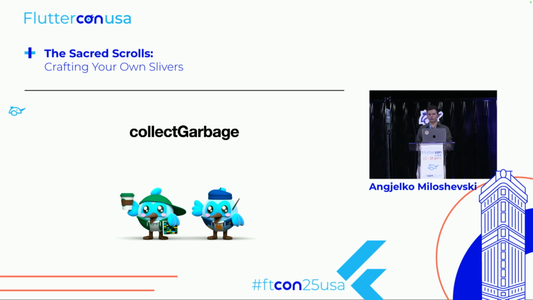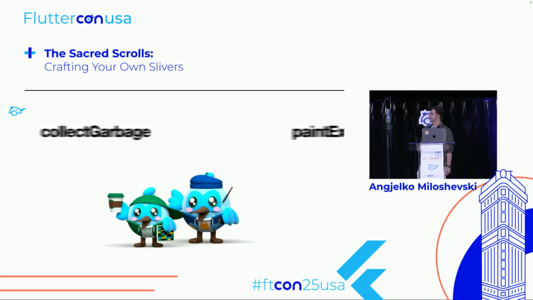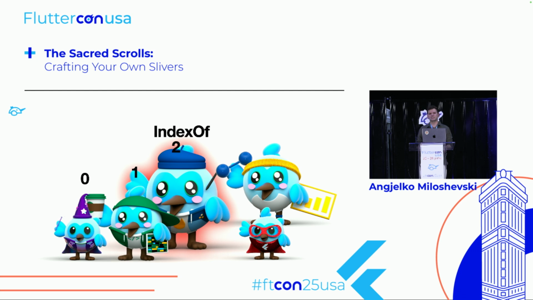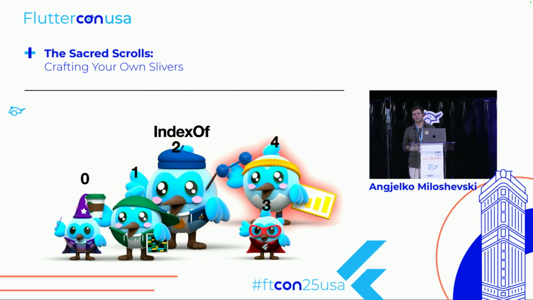The last two utility methods, I would say, are paint extent of, which returns the paint extent of each child. So depending on the scroll axis, it can be a width or a height. And also index of, which just returns the index of the inserted child in the child manager list.